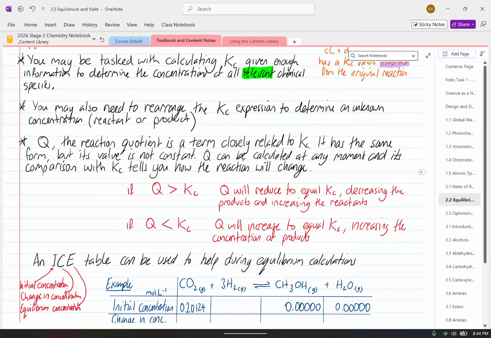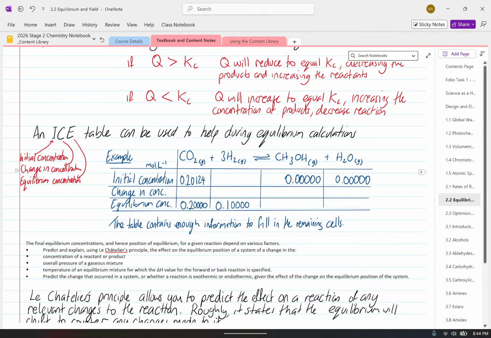C is the change in concentration over the course of the reaction. Once we start, things change to reach equilibrium, and we need to fill out that change. E is our equilibrium concentration, our final concentration, which is what we're most concerned about when working out the equilibrium constant value.